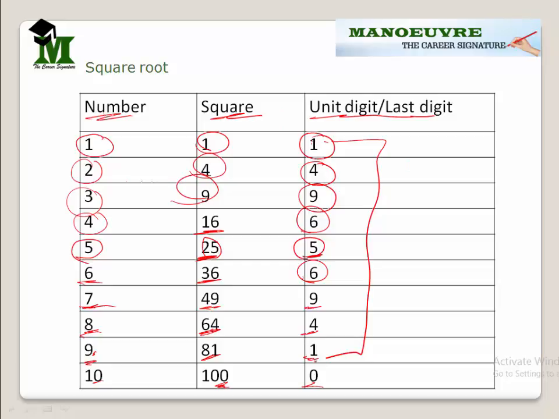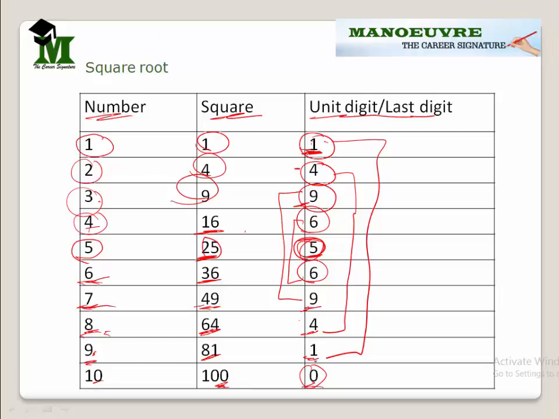Likewise, 2 square is 4 and 8 square is 64, so in the case of 2 and 8, the unit digit will remain the same, which is 4. 3 square gives 9 and 7 square is 49, so in the case of 3 and 7, the unit digit will be 9. Likewise, 4 and 6 both give unit digit 6, 5 will remain 5, and 0 remains 0.